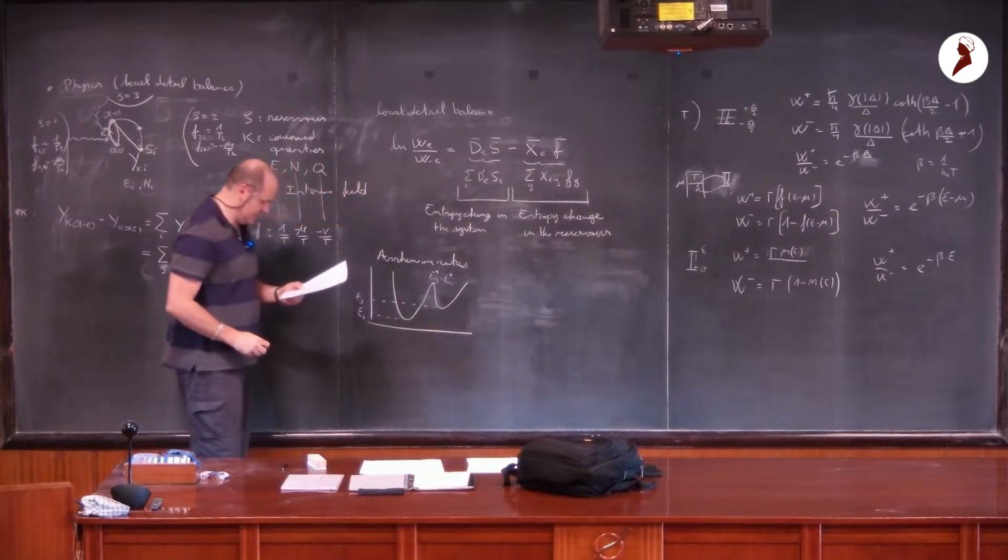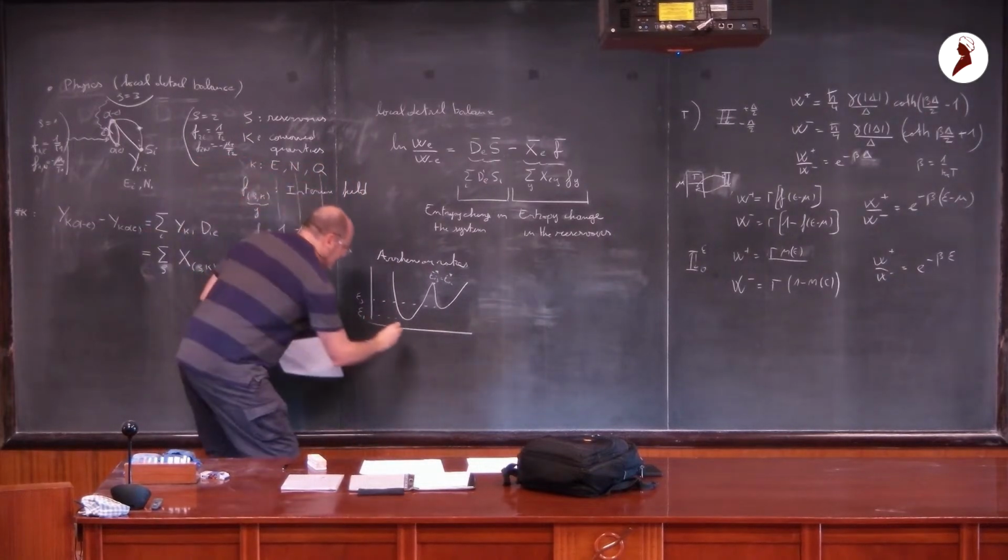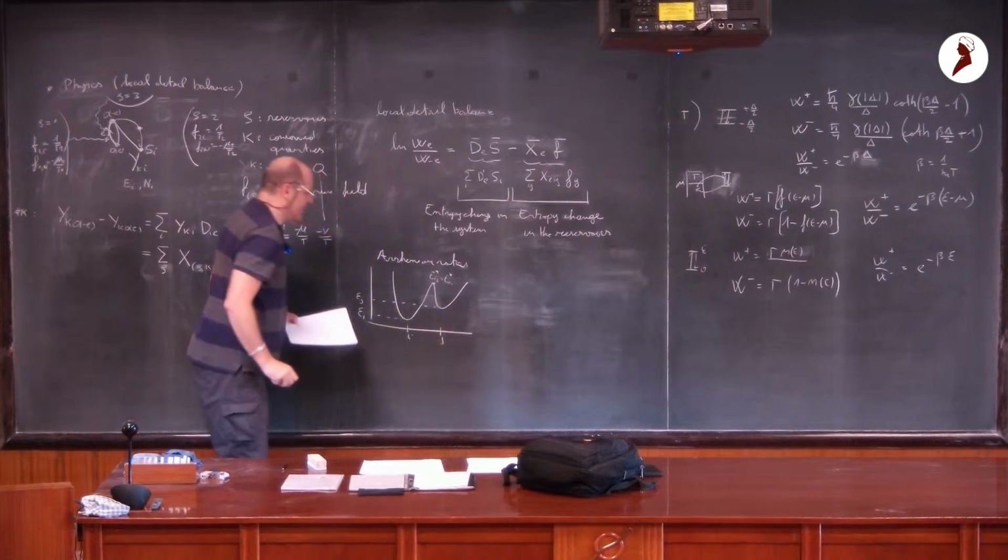So the order of the index doesn't matter for the barrier. This is state i, this is state j.